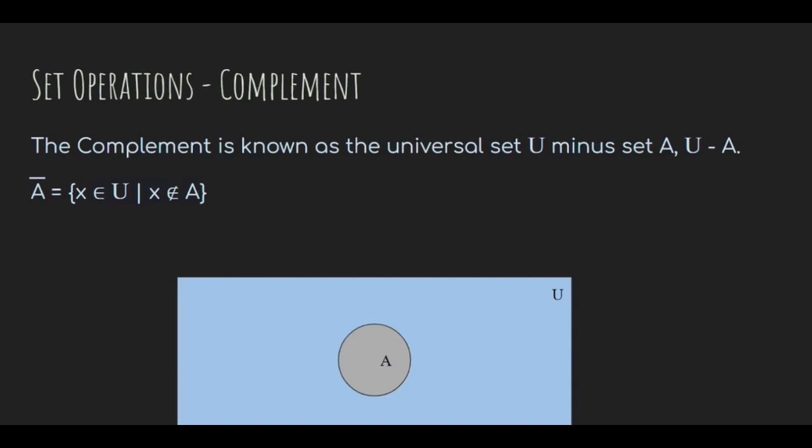So let's say set A contains 3 and 4. The complement of set A would be any negative number and any positive number that isn't 3 and 4, 0, whatever. Like infinite numbers in the universal set. But the complement of set A cannot include 3 and 4, which means obviously the complement of the complement is set A itself, which would be 3 and 4.